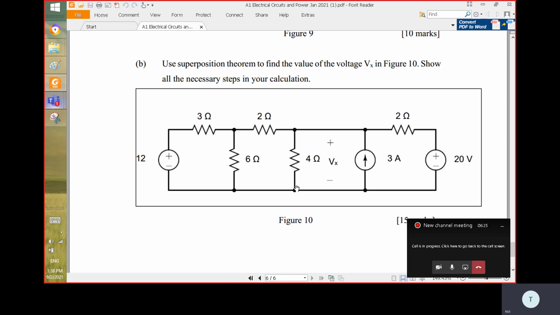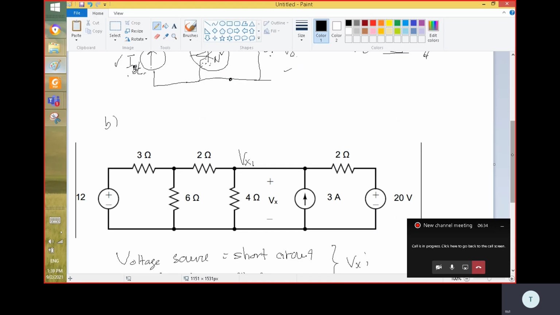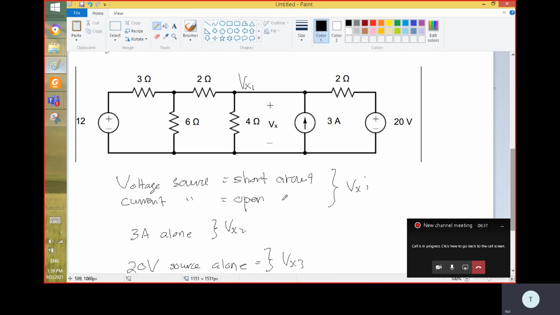We try to find this voltage only using superposition. So basically you need to perform 3 steps. For the first step, we assume the voltage across this 4 ohm is called Vx.